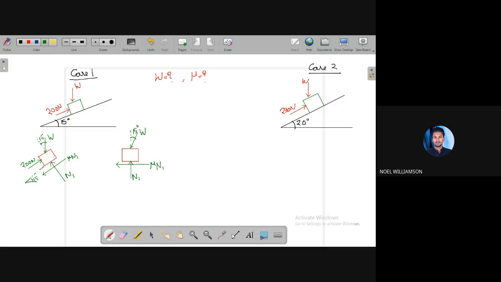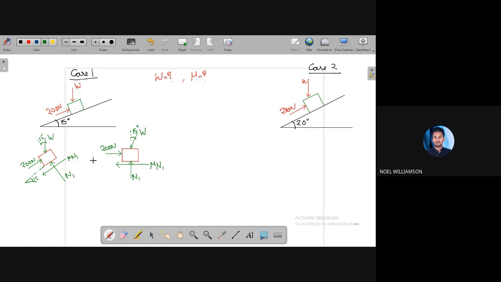Now the applied force 200 Newton is acting in this particular direction. Okay, this is the free body diagram.